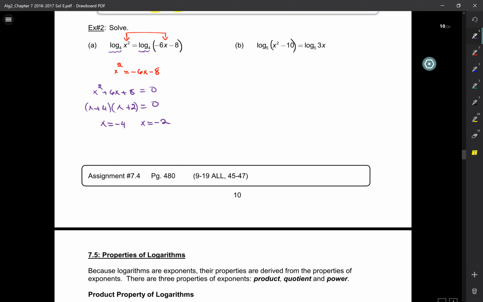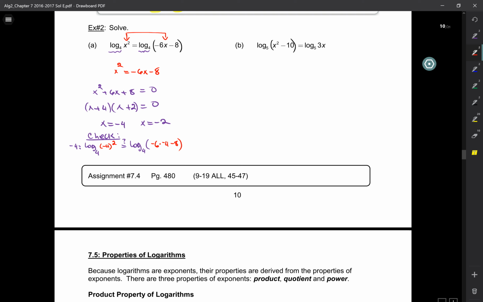Now, we can't stop there though. We have to go and check. Okay, so let's put negative 4 in there first. If I have log base 4 of negative 4 squared, is that the same as log base 4 of negative 6 times negative 4 minus 8?